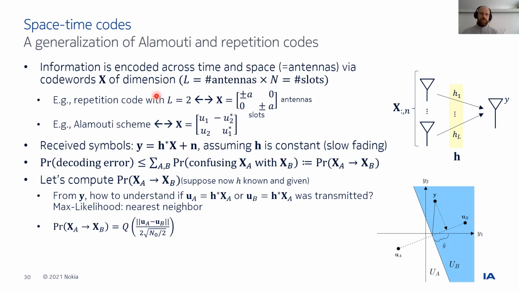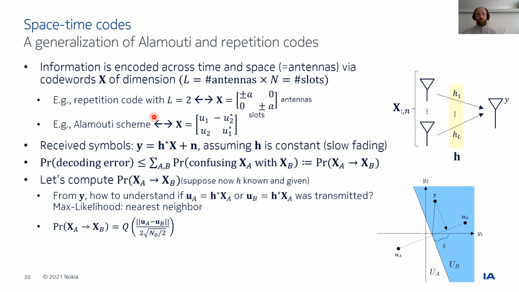So, well, repetition code is a sub-case of this, where you transmit this code word. On slot 1, you transmit plus or minus A on the first antenna. On slot 2, you transmit plus or minus A on the second antenna. And it's basically a particular way to implement this repetition code. You can do it over time, over 1 antenna, or over different antennas across different time slots.